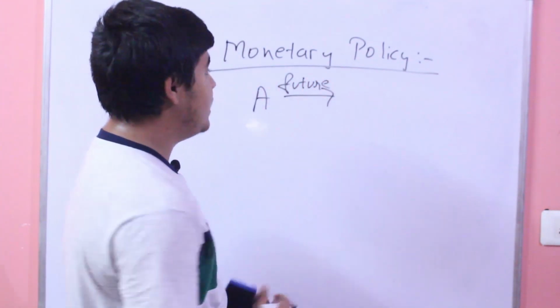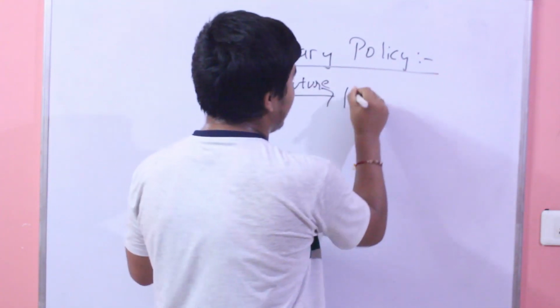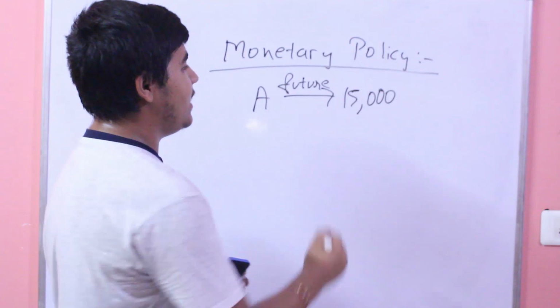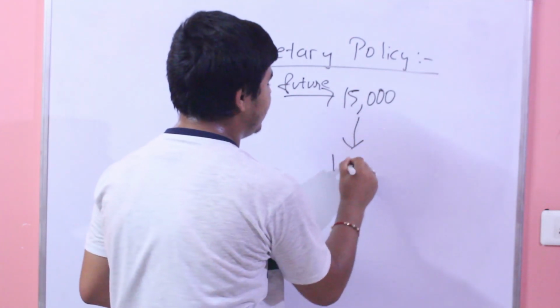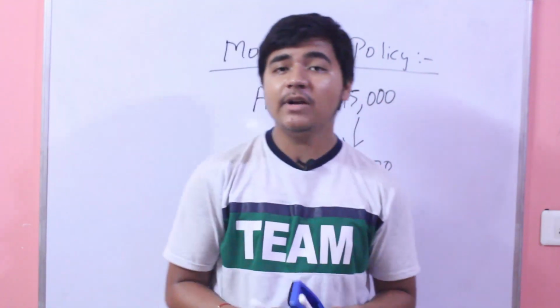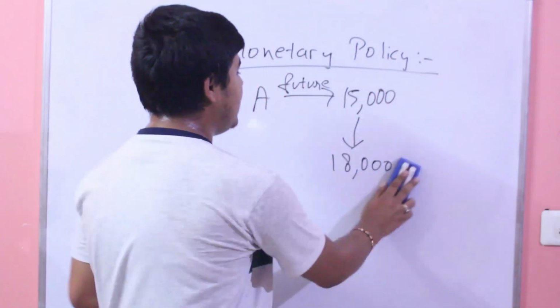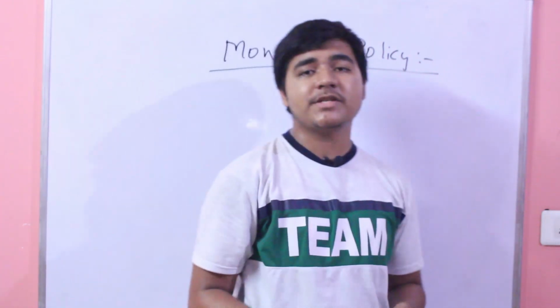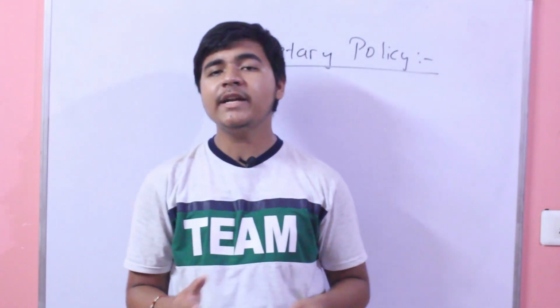What I basically mean is, suppose person A has a salary of 15,000 and he expects it to increase to 18,000. Then only the person will take a loan. See, the consumer or the investor only takes loans if they have a surety of the future.